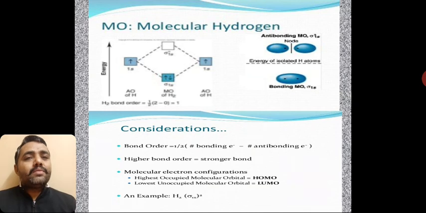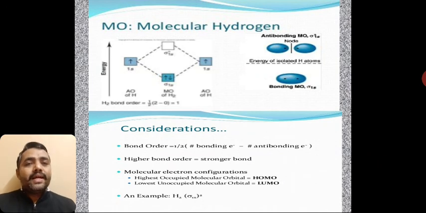Therefore the 1s atomic orbital of one hydrogen is on the left side, and the other hydrogen atom you can take on the right side. One orbital overlaps with the other to form one bonding and one anti-bonding orbital, with the bonding in the lower energy orbital and the anti-bonding in the higher energy orbital.